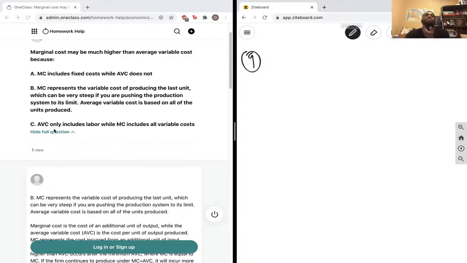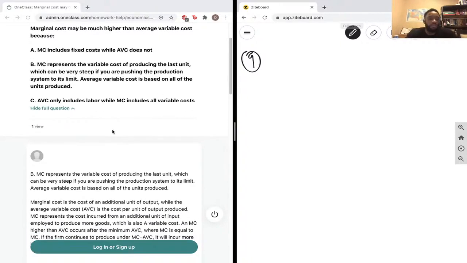Average variable cost, if it's the average variable cost, it has to include all the variable costs in production, and labor might not be the only variable cost. So we already know C is wrong. Now let's look at A and B.